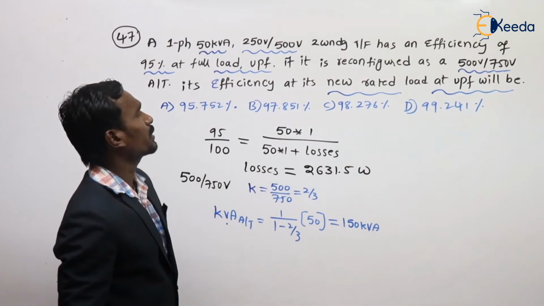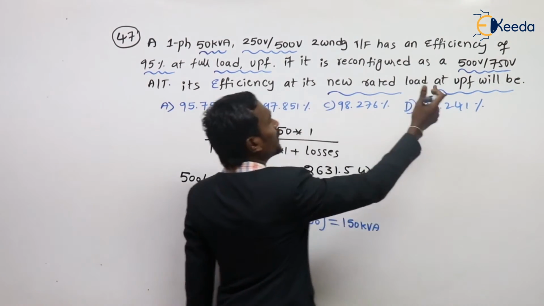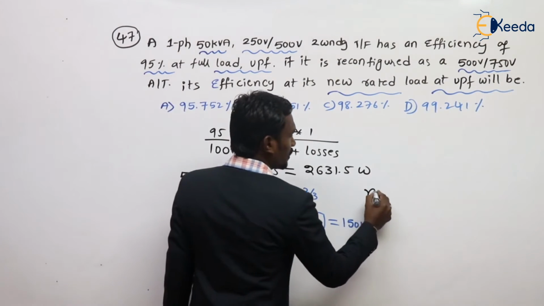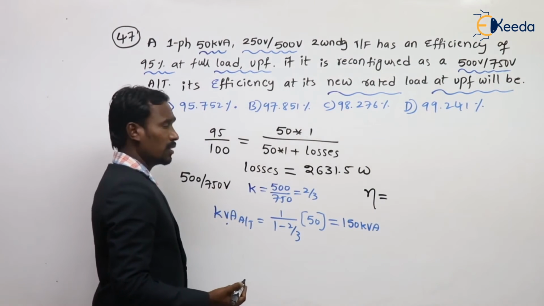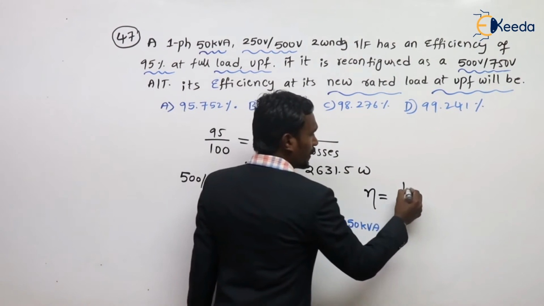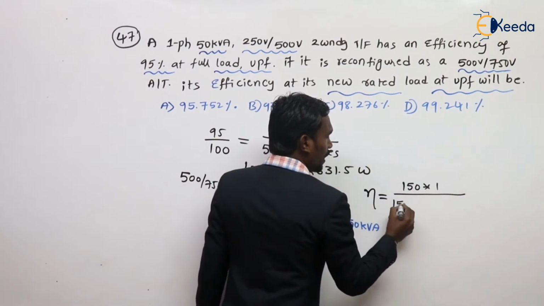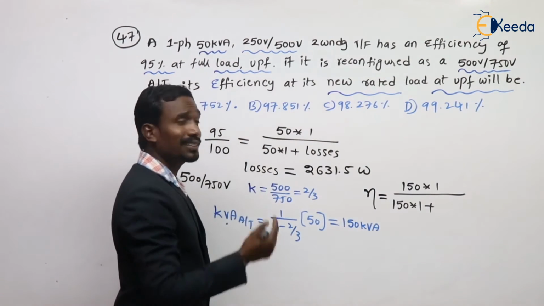Now I have to calculate efficiency at new rated load and unity power factor. Efficiency of the auto transformer is equal to full load: 150 kVA into power factor, divided by 150 kVA into power factor plus losses.